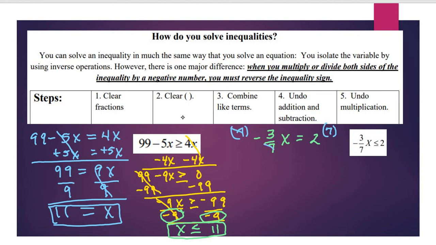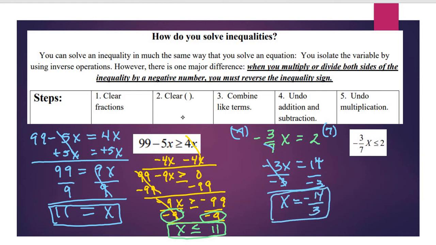This will cancel out because 7 times a negative 3 is a negative 21, divided by 7 is a negative 3x equals 2 times 7 is 14. And divide this side by negative 3, this side by negative 3. So we have x equals a negative 14 over 3. Or you can reduce it down to decimal.